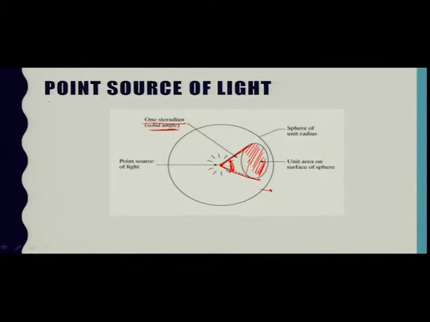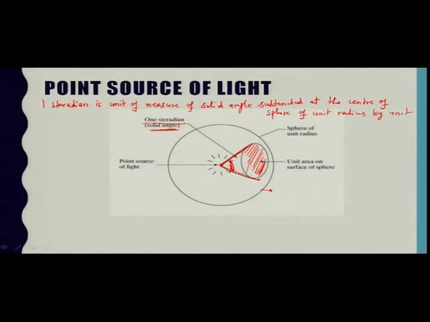So 1 steradian is defined as the unit of measure of solid angle subtended at the center of a sphere of unit radius by unit area on its surface.